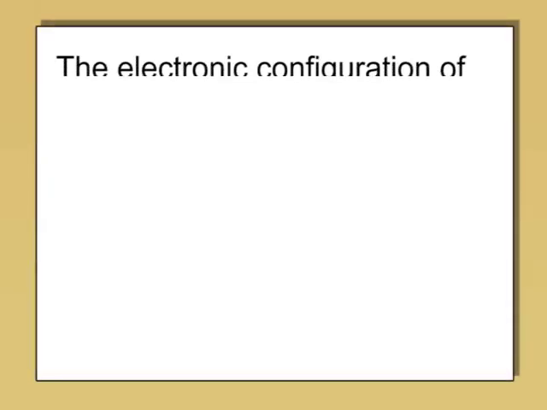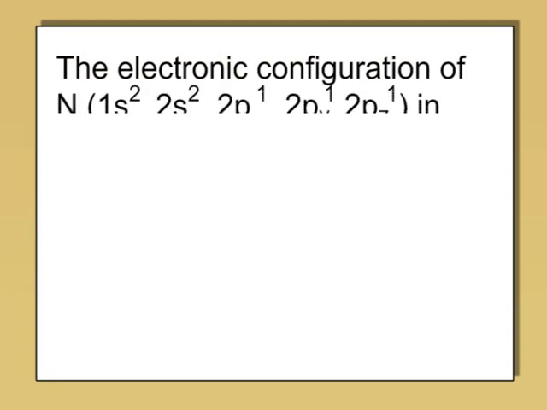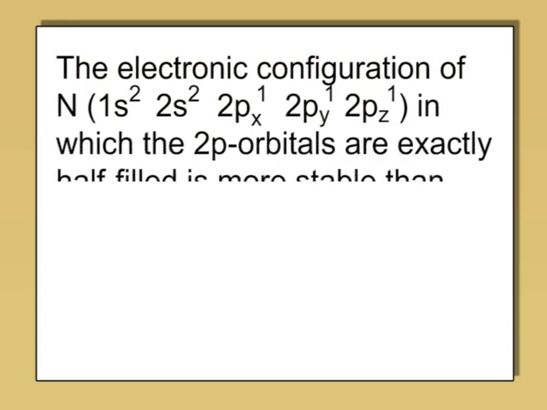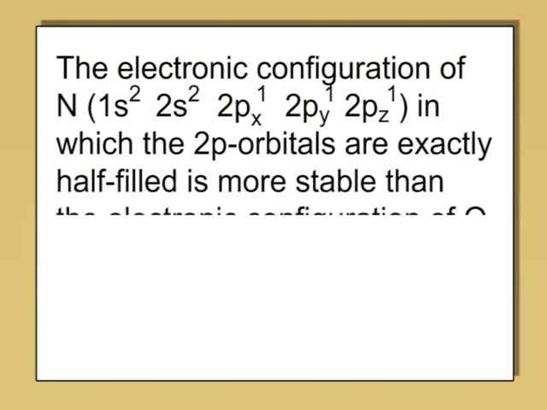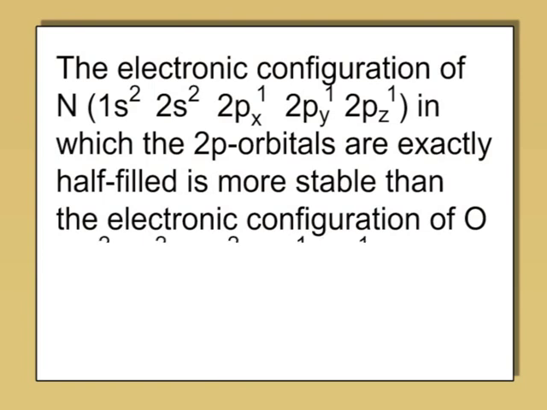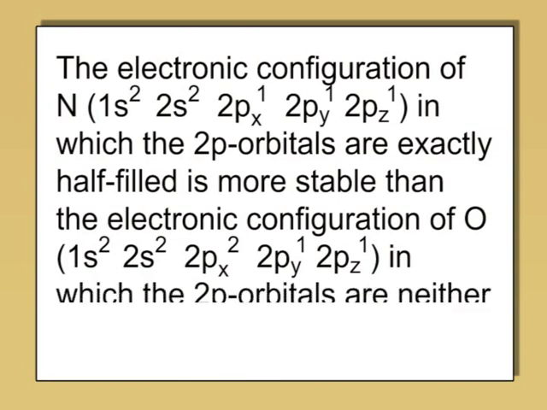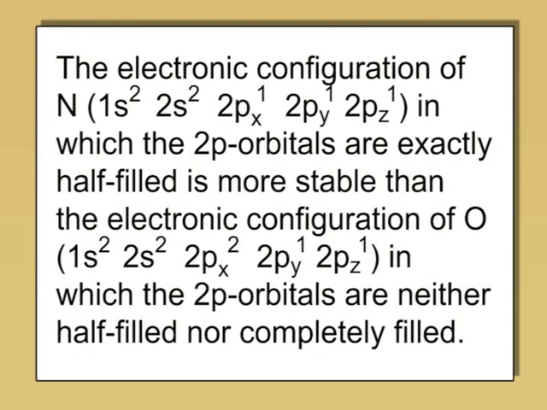The reason is the electronic configuration of nitrogen, which is 1s2, 2s2, 2px1, 2py1, 2pz1, in which the 2p orbitals are exactly half filled, is more stable than the electronic configuration of oxygen, which is 1s2, 2s2, 2px2, 2py1, 2pz1, in which the 2p orbitals are neither half filled nor completely filled.